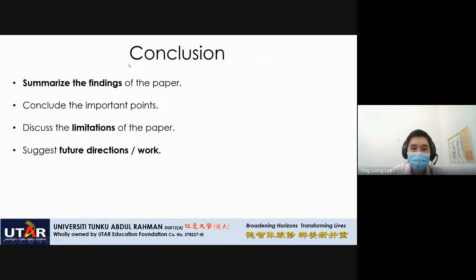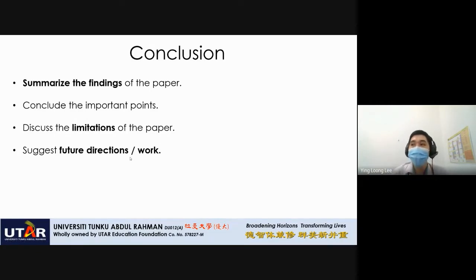And then conclusion. You should summarize the findings of the paper, conclude the important points, and discuss the limitation of the paper, where maybe this limitation will lead to some other future work. So you can also state what future work you can further expand from your current work.